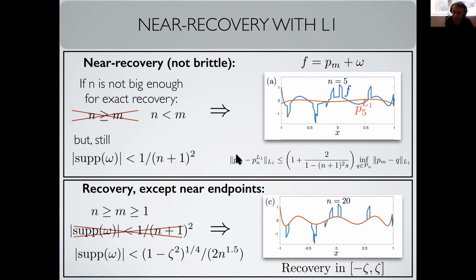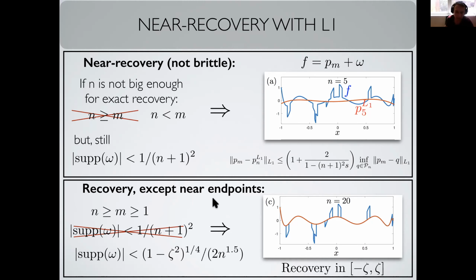So here's the error that you actually obtain, the error between this red and this blue function. The best error that you could hope to have got would be the best L1 approximation to PM, if you ignored the corruption. And you're a little bit off that depending on this factor, which is related again to the degree and the support of the corruption.